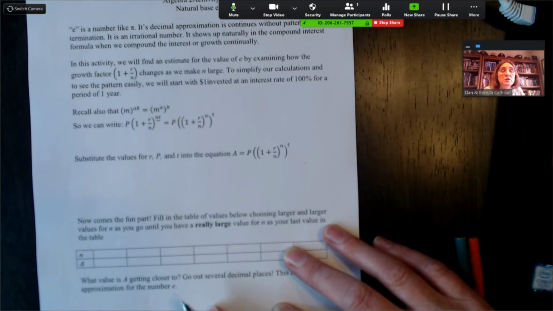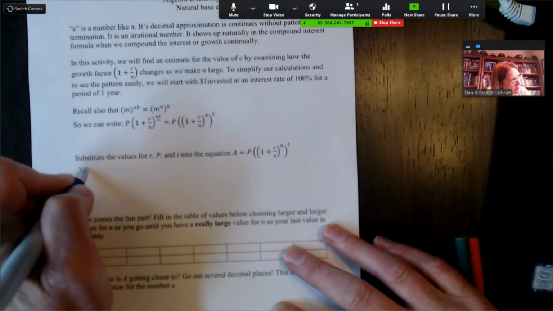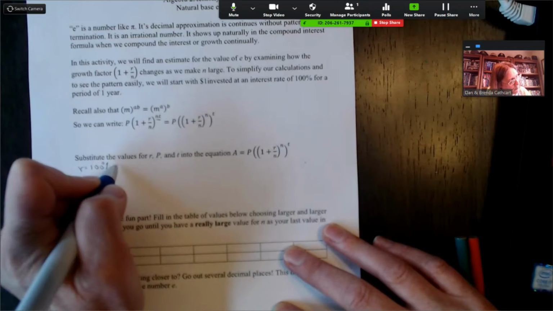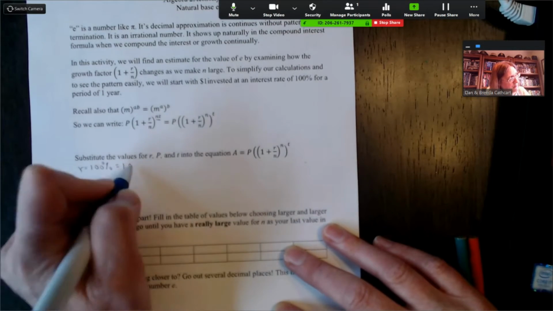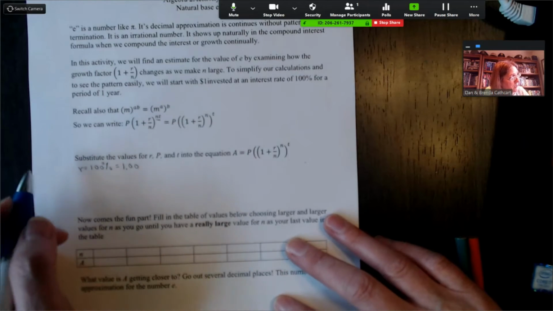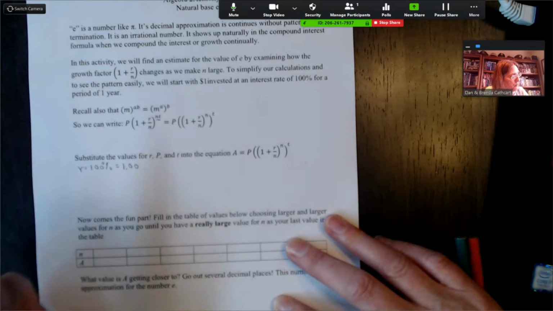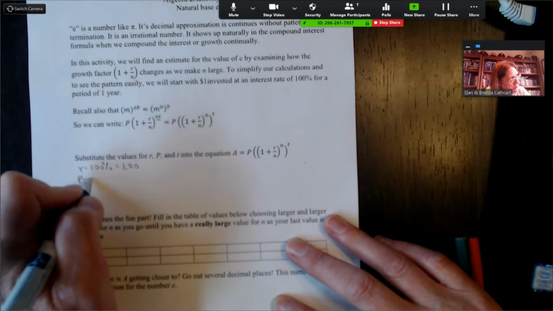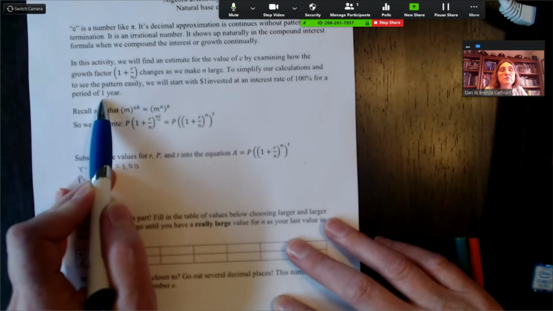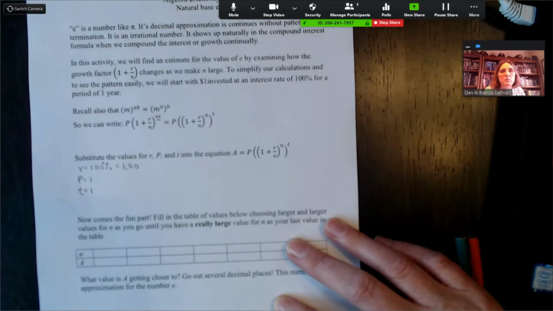In our situation, our value for r is 100%, or in decimal 1.00. Our value for P is our starting value, a grand total of $1, so P is equal to 1. We're looking at a period of just 1 year, so t is also equal to 1.